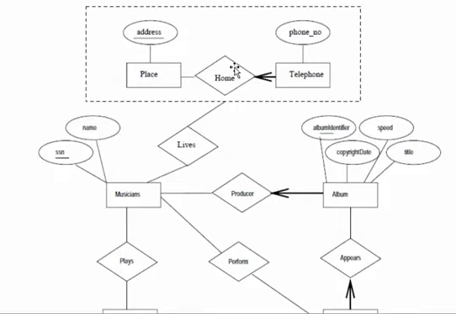So what I would like you to do in the discussion is to provide me an alternative to represent this. And I can give you two hints. Either you define between musicians and an entity set, maybe a binary relationship, or maybe you can do something between musician and these two entities and get a ternary relationship.